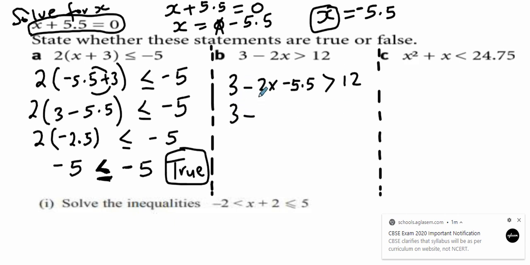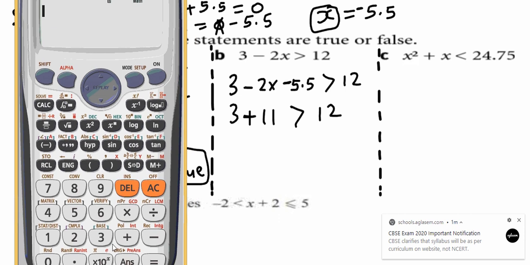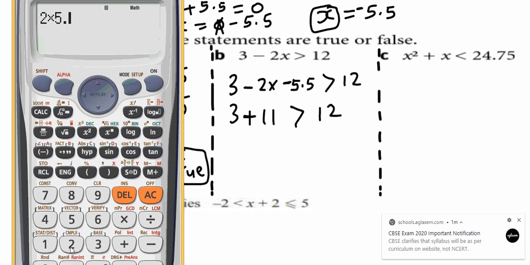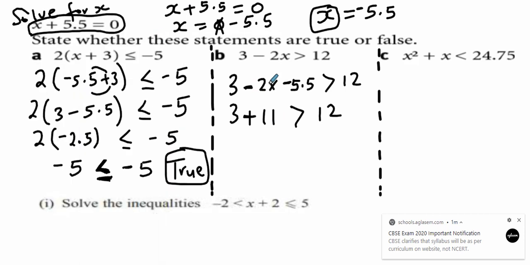Negative times negative is positive, so 3 plus 2 times 5.5. 2 times 5.5 is 11. So 3 plus 11 will be 14.